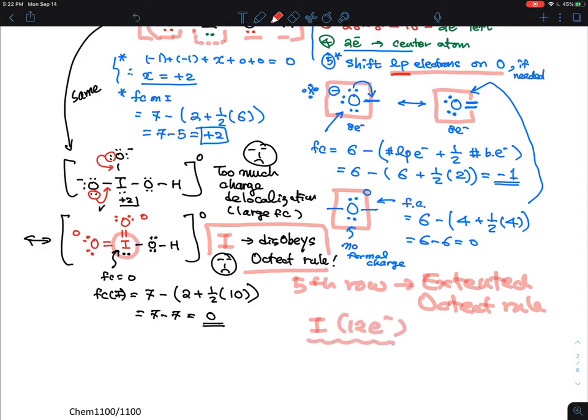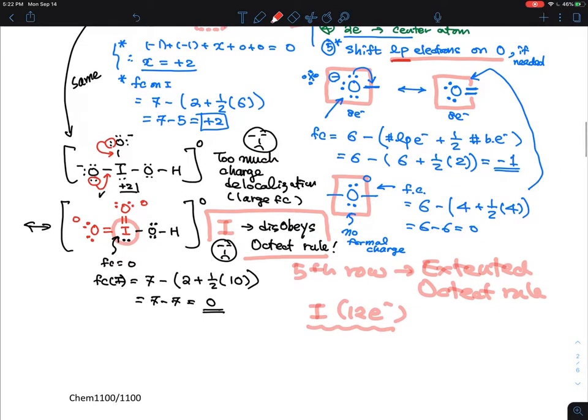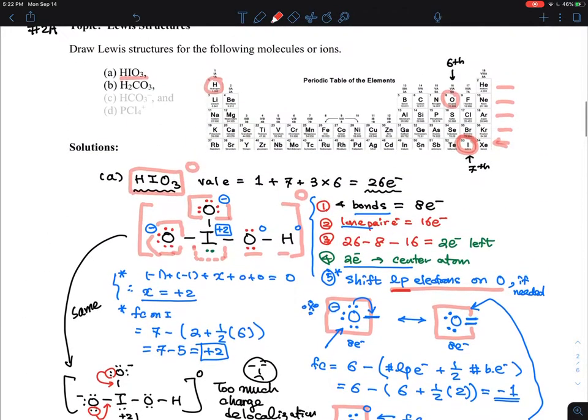It's a lot, but there's a lot of room for it because, unlike those in the second row, the maximum they can have is 2s and 2p. Do you remember the previous class? 2s, 2p, 2d, that's not possible. So the only place you can have is 8 electrons, right?